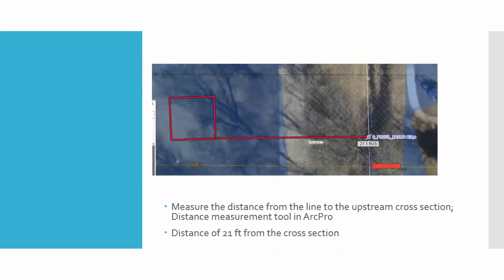So now that I have this intersection with my upstream corner of my house to the profile baseline, and this is a layer in the GIS, the profile baseline, I now take that intersection and I measure the distance from there to my upstream cross section. And I'm doing this in ArcPro, and using the ArcPro measurement tool, I get a distance of 21 feet from the upstream cross section.